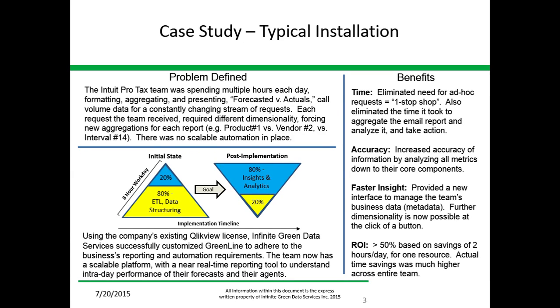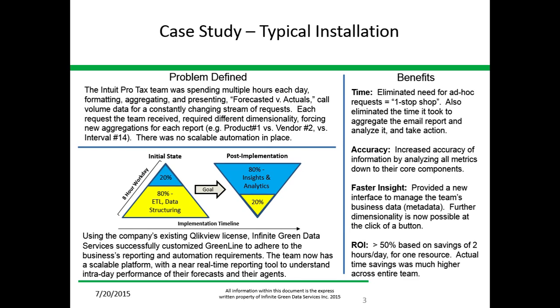Accuracy, going through the exercise, we also found a few errors, a few discrepancies, and a few things that people weren't clear on. So by going through this, implementing Greenline, we increased the accuracy here as well.